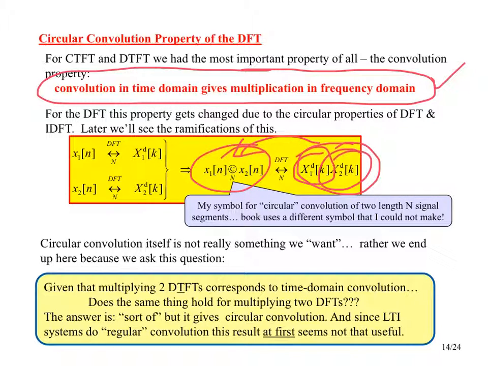We don't want the circular nature, but we'll see later with some clever zero padding, we can make this work the way that we want it to, and we can actually implement a discrete time filter in the frequency domain. And right now, you may not really see any real advantage to doing that, but later we'll see that there is an advantage to doing that.